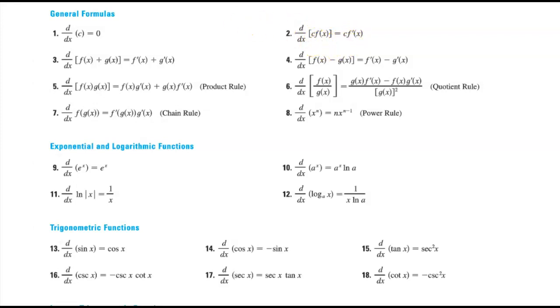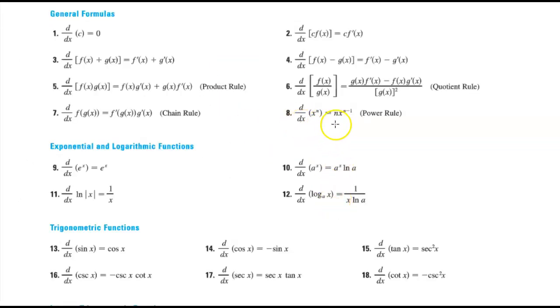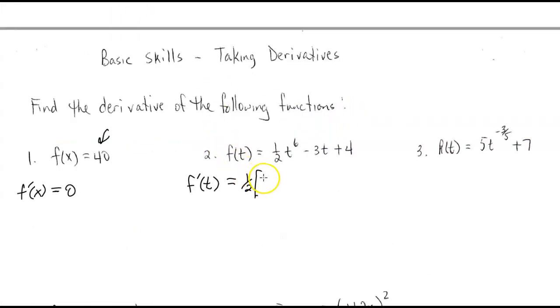Okay. So going here, I'm going to ignore the 1/2, and then I'm going to take the derivative of t raised to the 6. Well, the rule that goes with that is going to be our power rule, number 8 here. And so we basically take whatever the exponent is, put it out in front, and then subtract 1 from the exponent. So if we do that, that'll be 6 times t raised to the 6 minus 1.